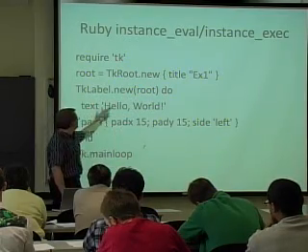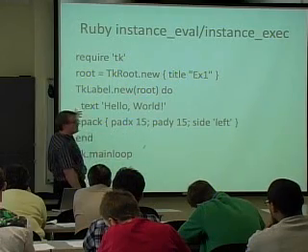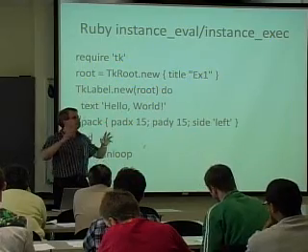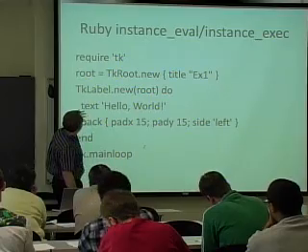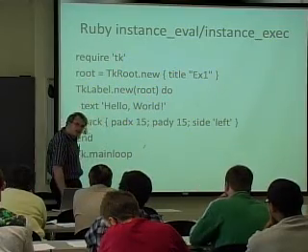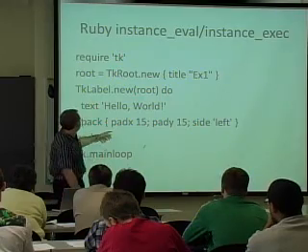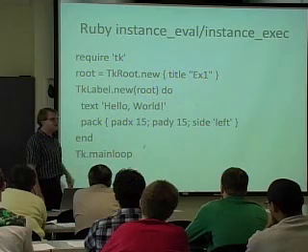So now when you say the text is "Hello World," here are the parameters for packing. This looks like you're just passing it some data to use when it's doing its thing. What's really happening is you're passing it a chunk of code. The code gets executed as if it were a member function, and it sets all of these parameters. Right? So for example, pad x, pad y, side, those are all member functions of Tk label.